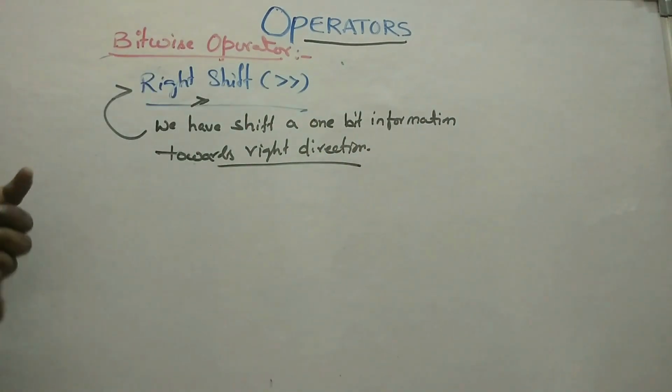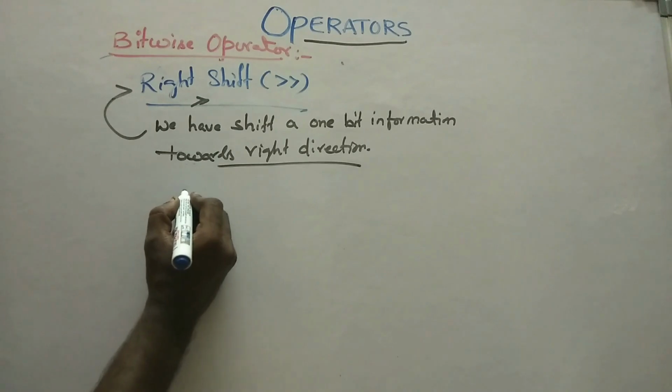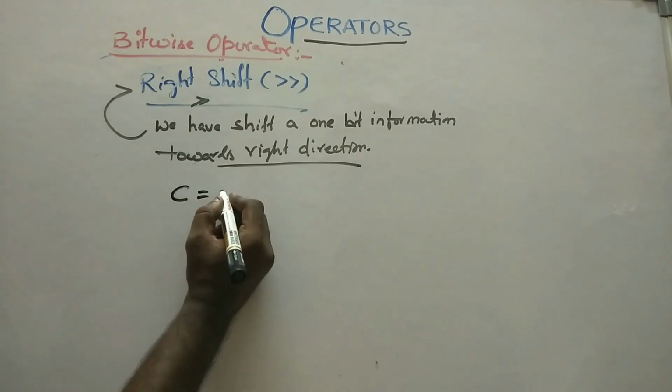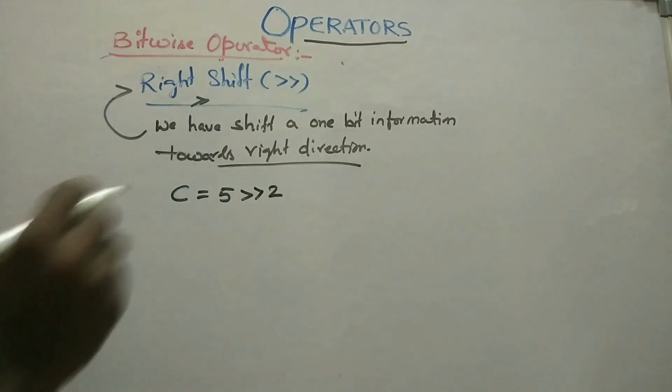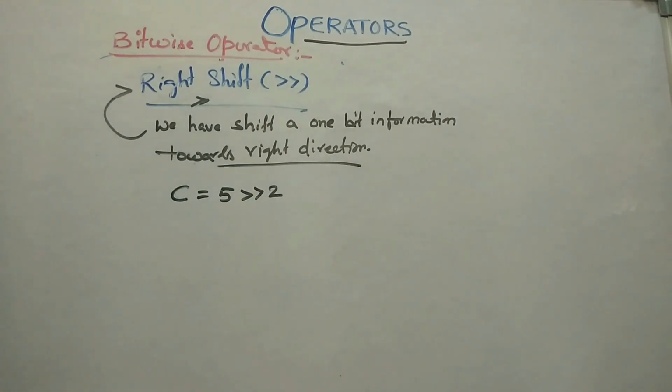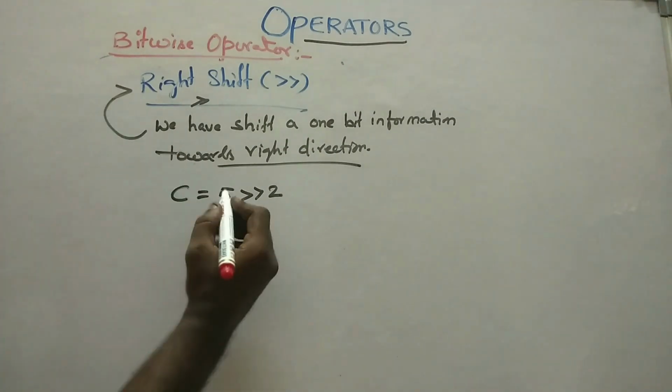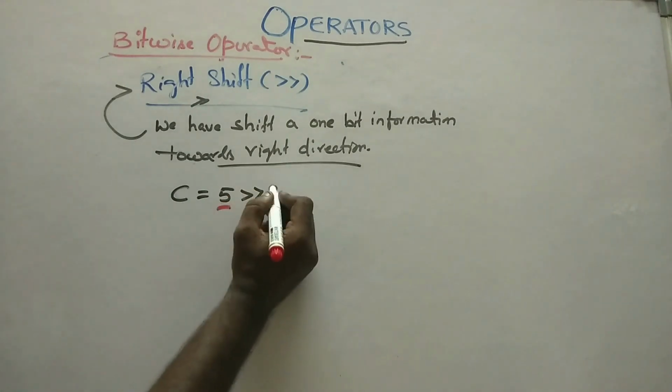Suppose, for example, I take one example. Suppose I take C equal to 5 right shift 2. Here what is the meaning? Here 5 is the value we have to move.